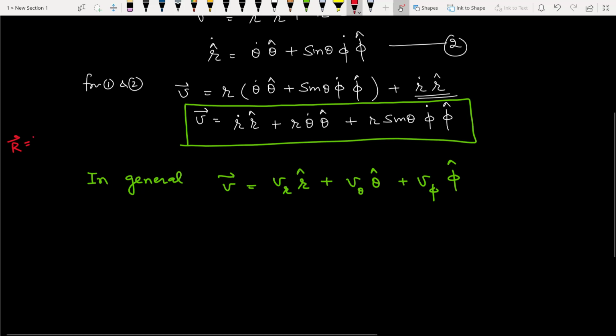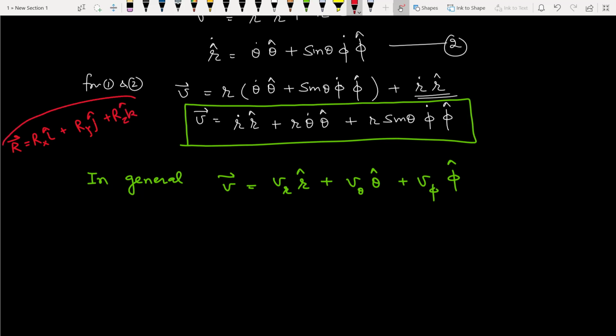R vector is equal to Rx i cap plus Ry j cap plus Rz k cap. i cap is along x axis, j cap is along y axis, k cap is along z axis. So Rx, Ry, Rz are the components of r vector along x axis, y axis or z axis respectively.